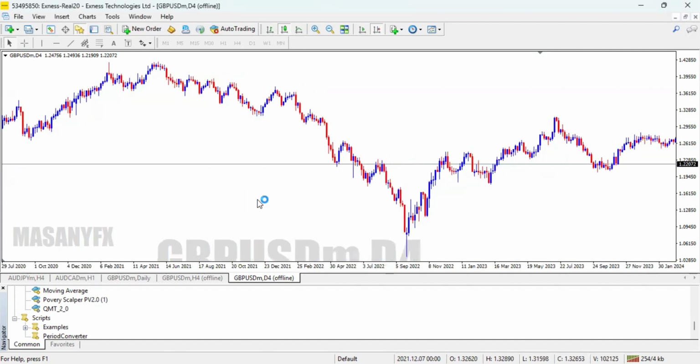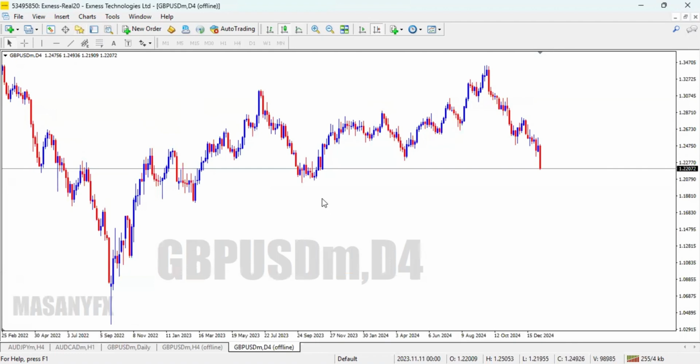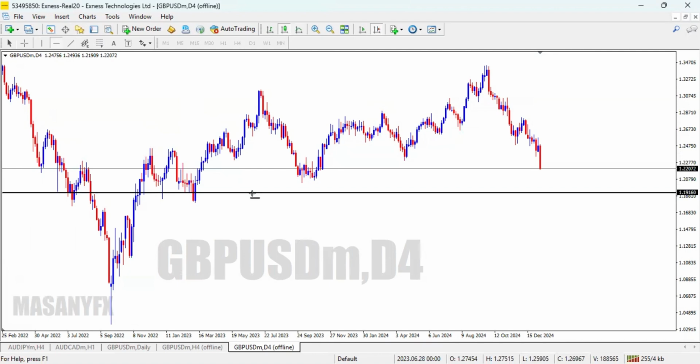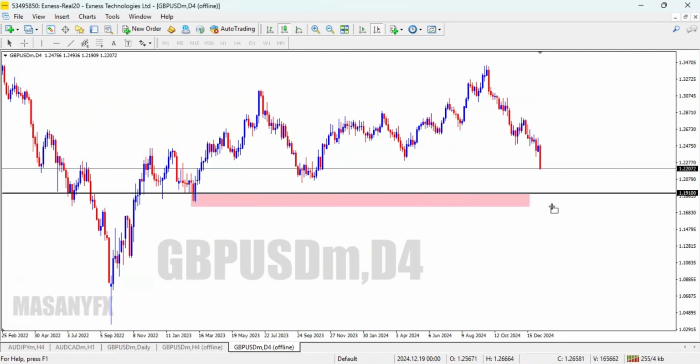Okay, it's fine now. This is the same setup, but I want it to be much more cleaner.